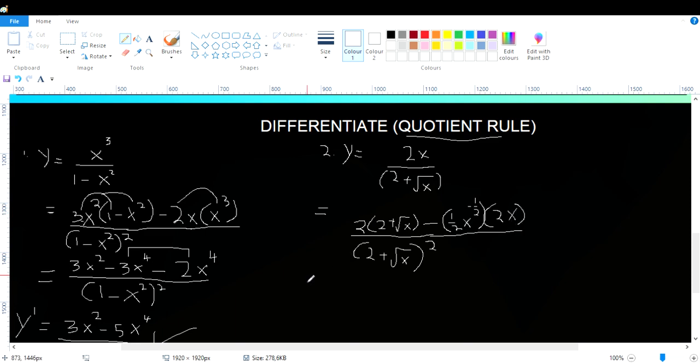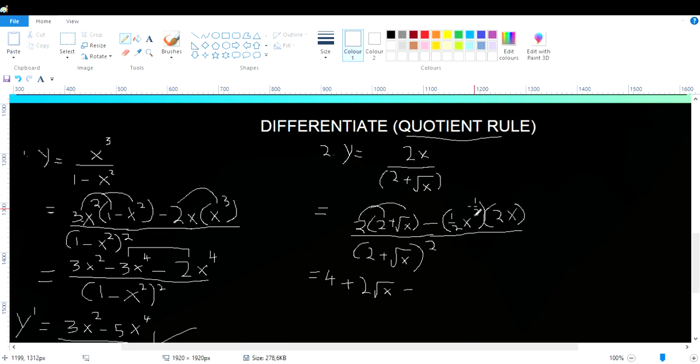Okay, then let's just try to simplify our answer. Let's open this bracket by multiplying everything inside the brackets by 2. So 2 times 2 is equals to 4. 2 times root x is equals to 2 root x. Then here we have minus. Then we're just going to multiply half times 2, answer is equals to 1.